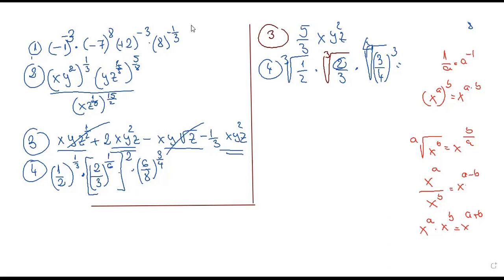So 1 over 2 is 2 to the power of minus 1, to the power of 1 over 3, times 2 to the power of 1 over 3, that's the numerator, times 3 to the power of minus 1 to the power of 1 over 3, times 3 to the power of 3 over 4.